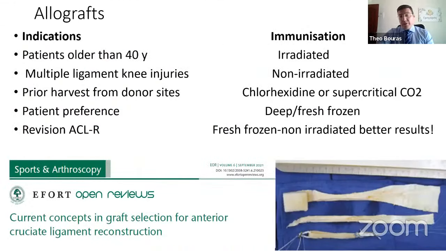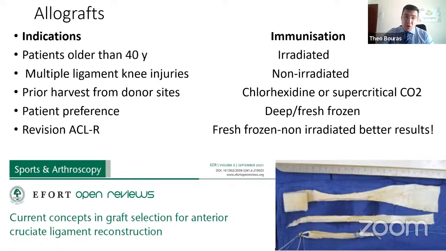We move to allografts. I'm not going to say any more about advantages and disadvantages. We talked about that in the beginning, but I am going to discuss indications, and these are very, very important for people to understand.